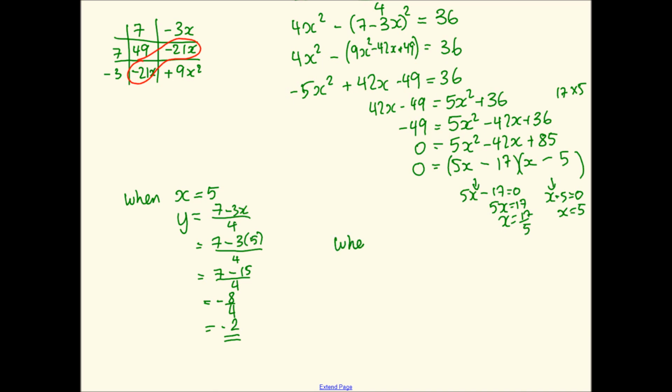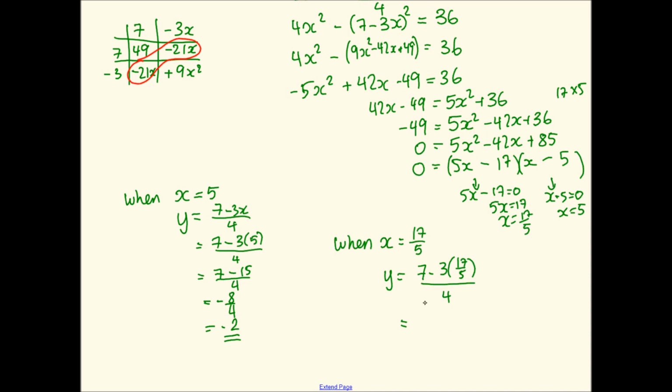We've also got our second solution, so when x is equal to 17 over 5, y is equal to 7 minus 3 lots of 17 over 5, and all of that is being divided by 4.